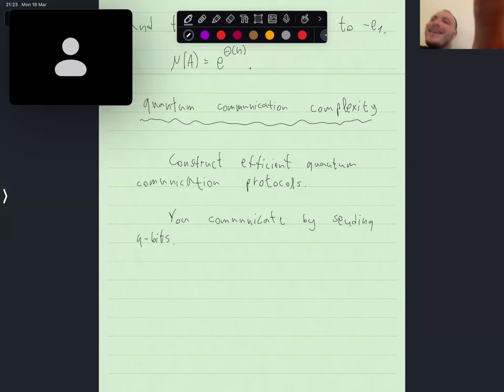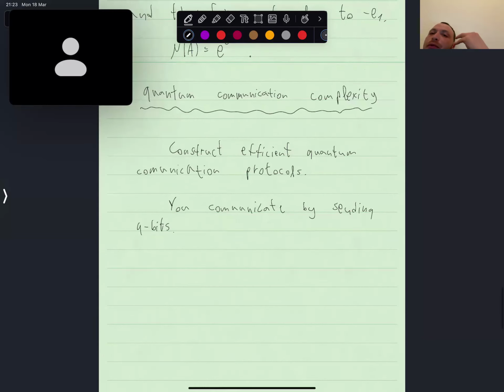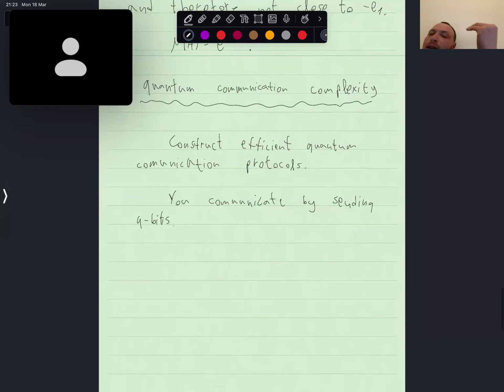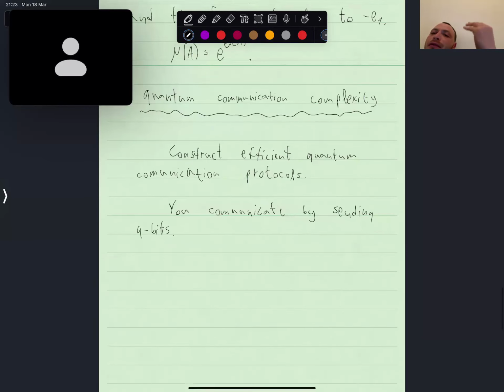So basically when you try to communicate using qubits, the problem with qubits in the physical world is that they have lots of noise. And sometimes you can show that whatever you try to do using qubits, you can actually do using classical computers.